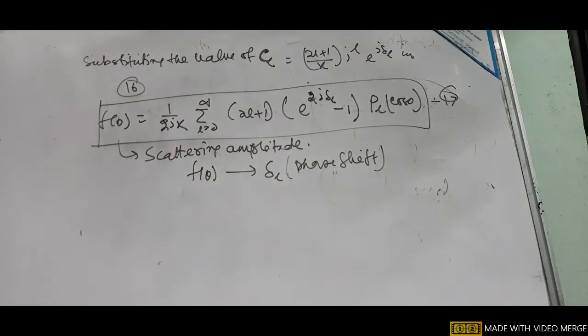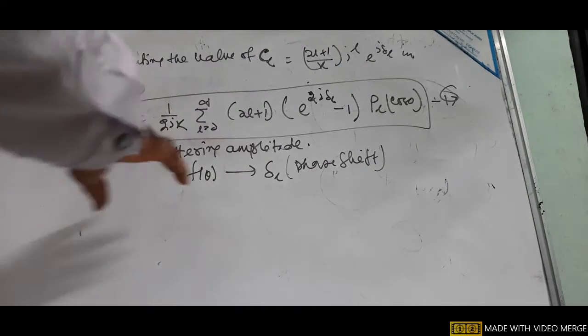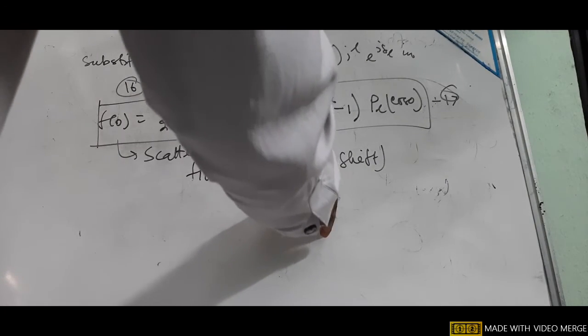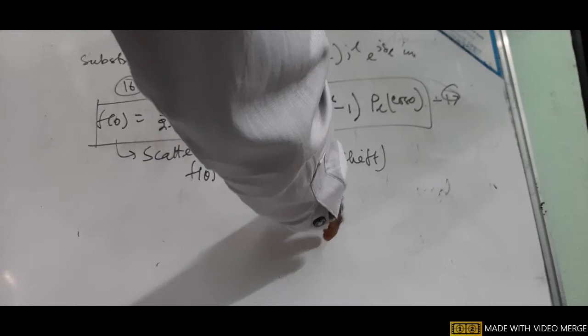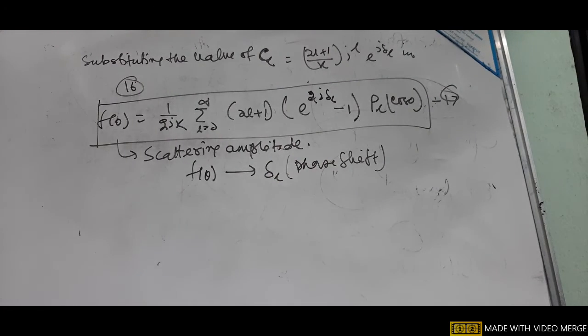For low energy scattering there will be a phase shift. So this is the scattering amplitude in terms of the phase shift of the Lth partial wave expansion of the Schrodinger wave function psi k r.